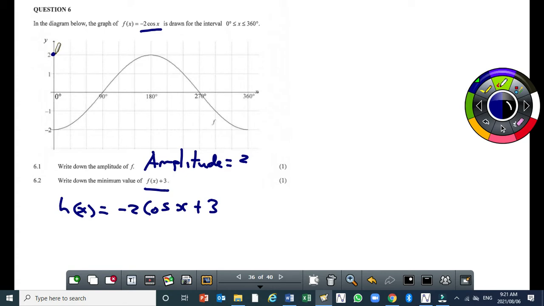You move a point which is at y equal to 2, it ends up being at y equal to what? 5. If you move a point which is at y equal to minus 2 by 3 units up, it ends up being at y equal to 1. So your answer is going to be positive 1. That's where the minimum value of the graph is going to be. So the minimum value is going to be equal to 1.